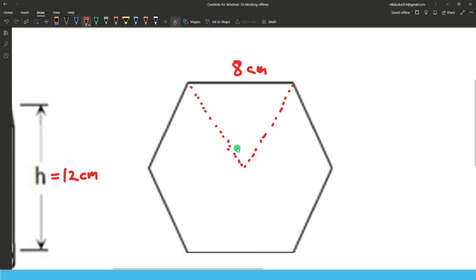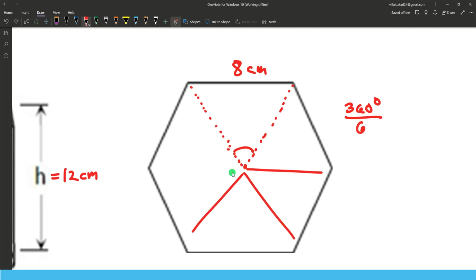Now, we determine the central angle of that triangle: take 360 degrees, because that's the total angle of one revolution from the center, and divide it by 6 since we have 6 equal parts in terms of central angle.